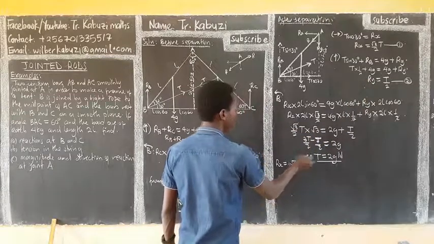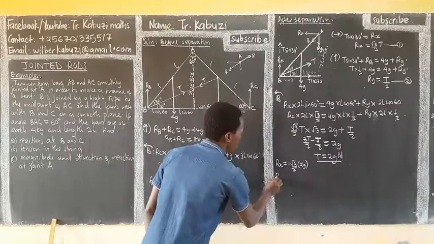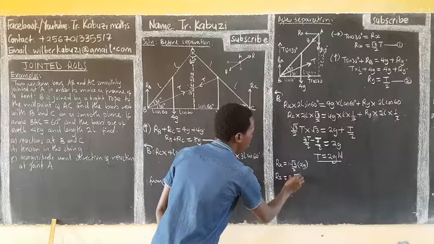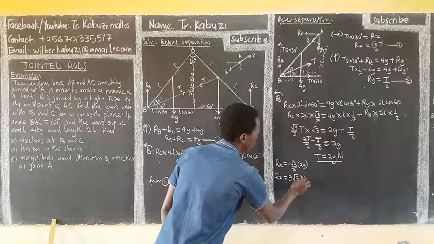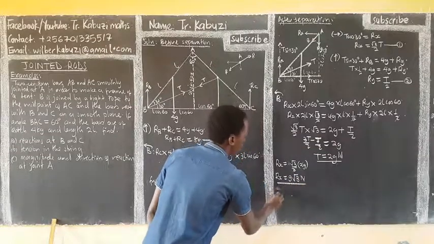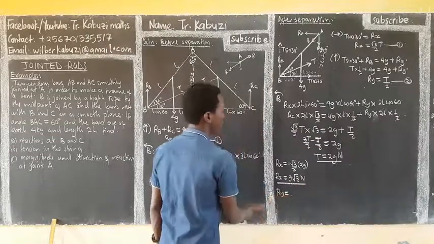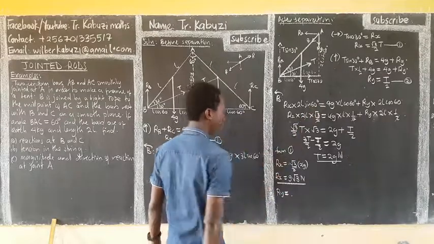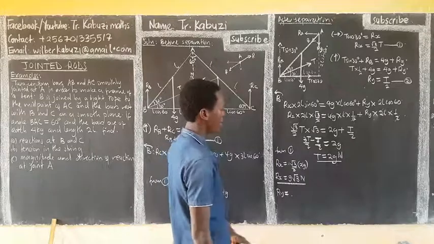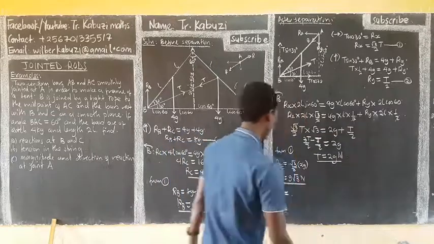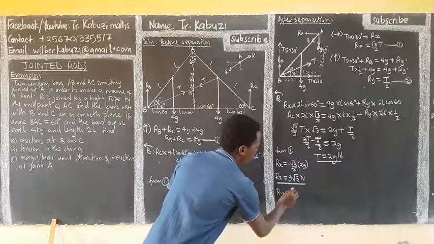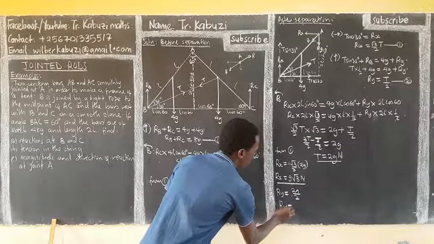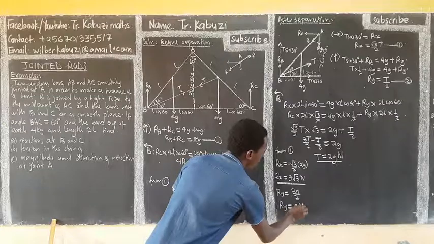This one and this one cancel, so my Rx is going to be g root 3 newtons. Simple. Then Ry, this one is from equation 1 there. My Ry from here, it's given by T over 2, so it's going to be 2g over 2. So my Ry is going to be g newtons.